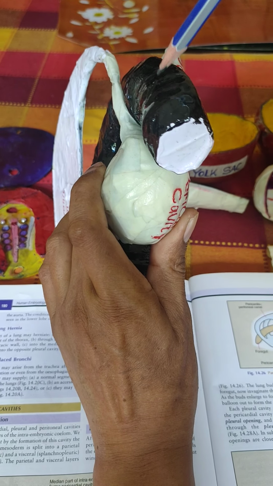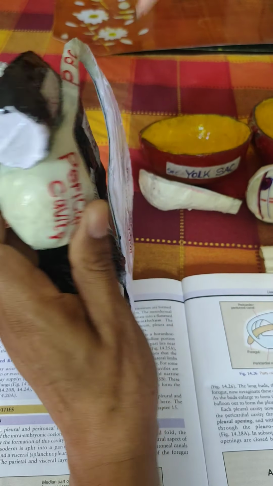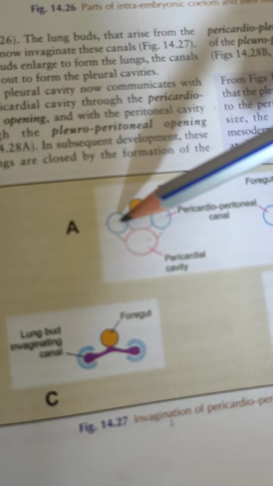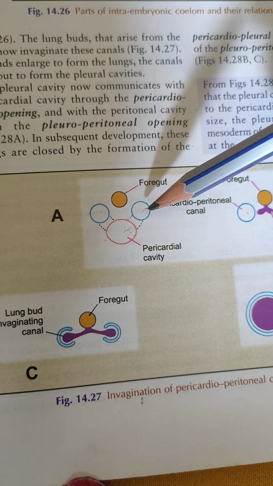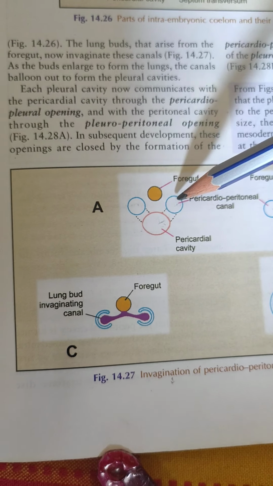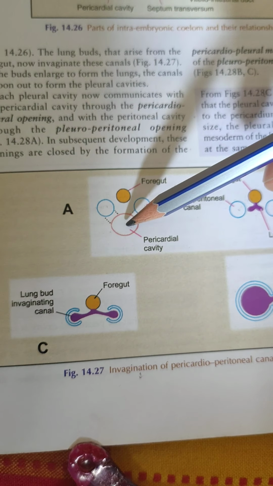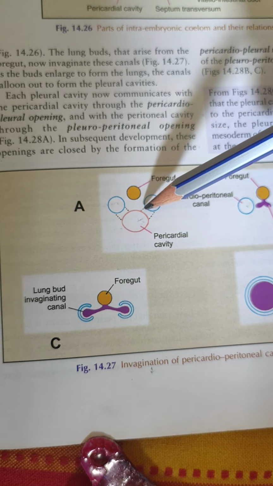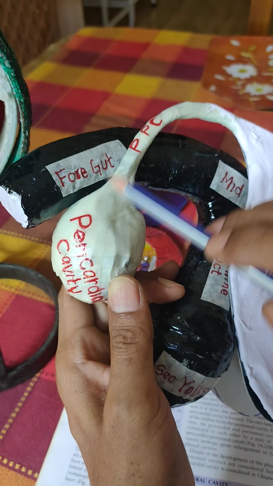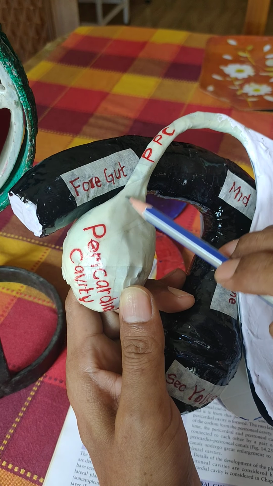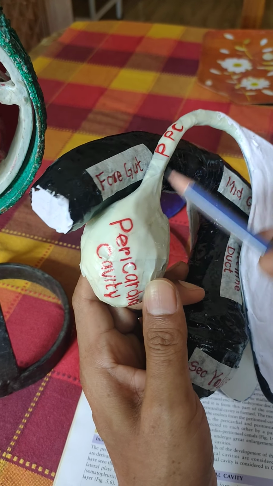Then just lateral to this foregut, the right and left pericardioperitoneal canal. So this pericardioperitoneal canal is communicating with the pericardial cavity. This dotted mark, so this is the communicating. This pericardioperitoneal canal is communicating with the peritoneal cavity.